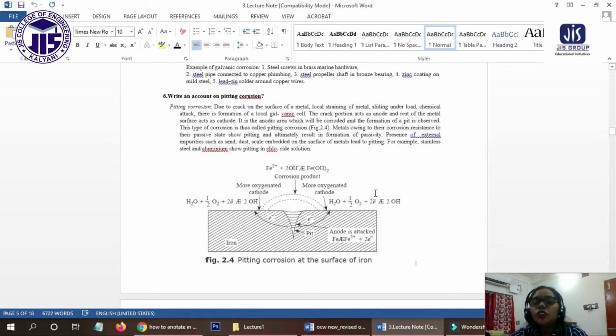The surface which is open to air has a higher amount of oxygen, and the amount of oxygen is lower in the surface below the water droplet. So the same metal surface has a difference in oxygen concentration, and this causes the corrosion. This type of corrosion is called pitting corrosion.